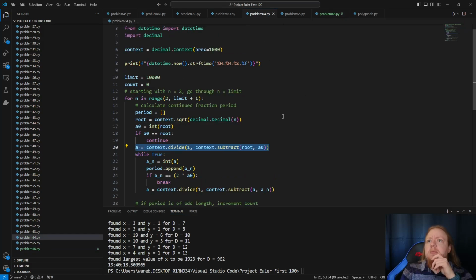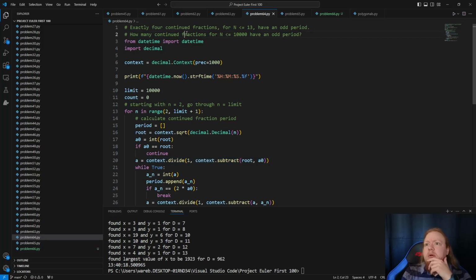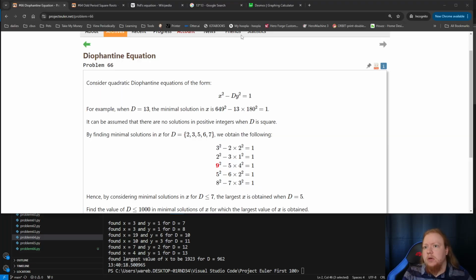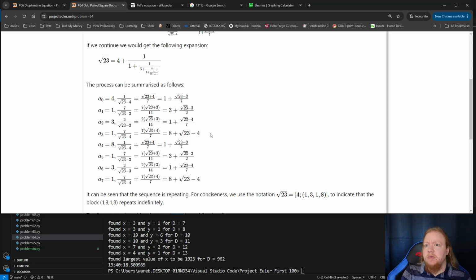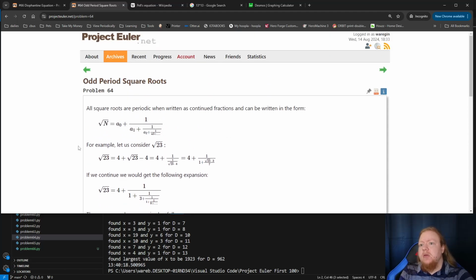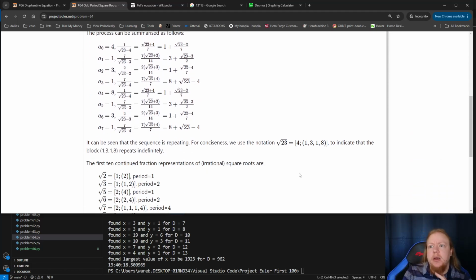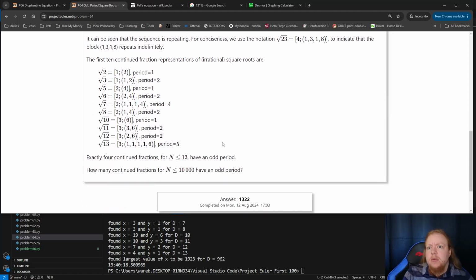Let's see. Problem 64 goes through n less than or equal to 10,000. Going back to problem 64, this is like the square root of n. Okay.